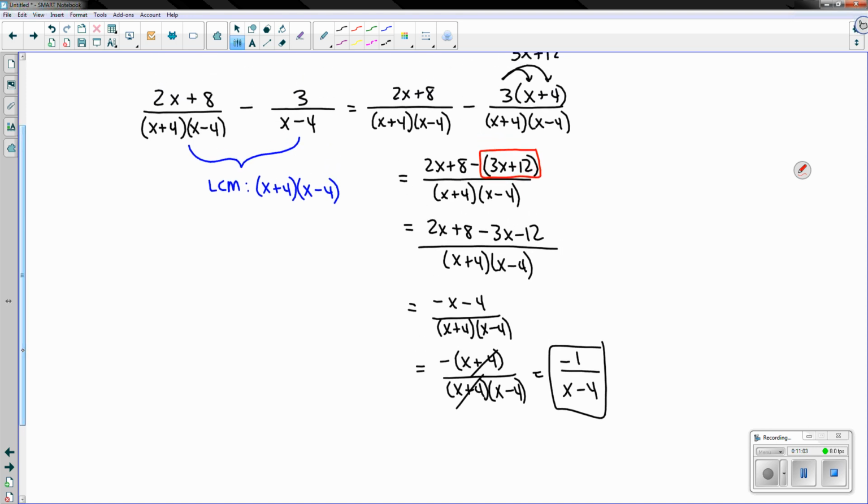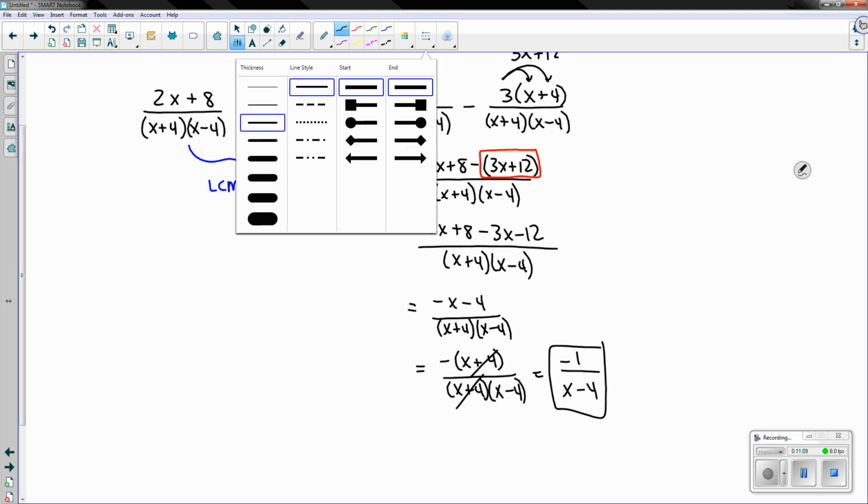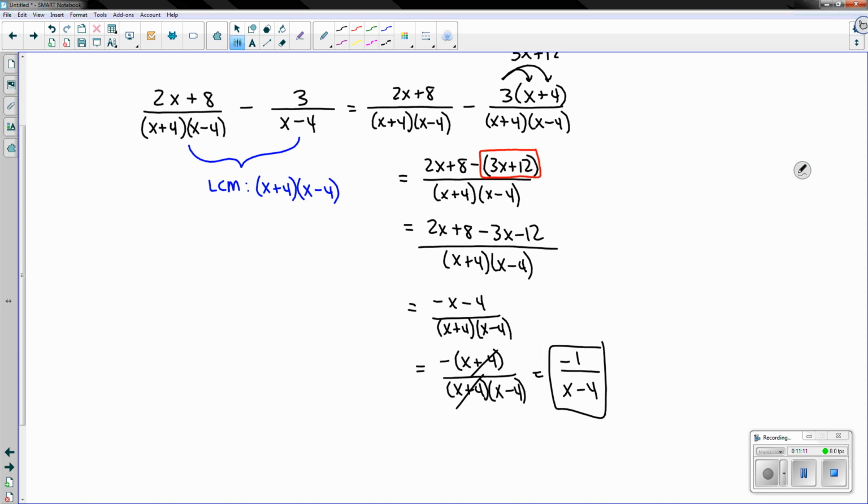Now, before we move on to the next example, you may be asked to find values for which the expression is undefined. When doing that, we're looking for values that make the denominator 0, right? Because dividing by 0 is undefined. So how do we identify that?